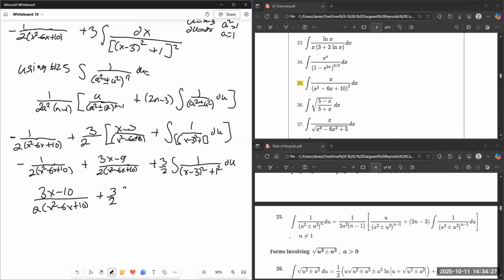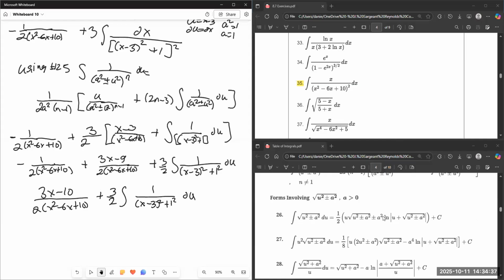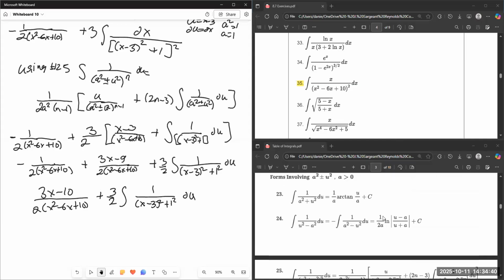And then this is an arctangent rule. I just need to find the formula number for that. So that is going to be number 23.